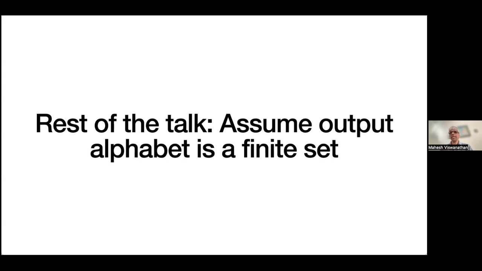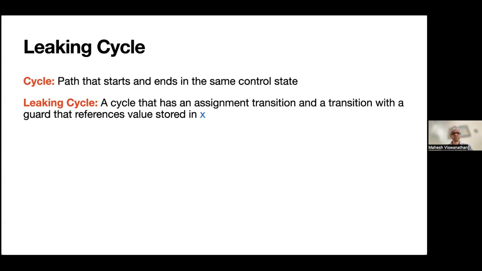So I have about 10 minutes. What I'm going to do is give you a flavor of what our necessary and sufficient condition is, and not share the intuition about why the proof works. There is a notion called a leaking cycle that plays an important role. A cycle in this automaton is just a path that starts and ends in the same control state.